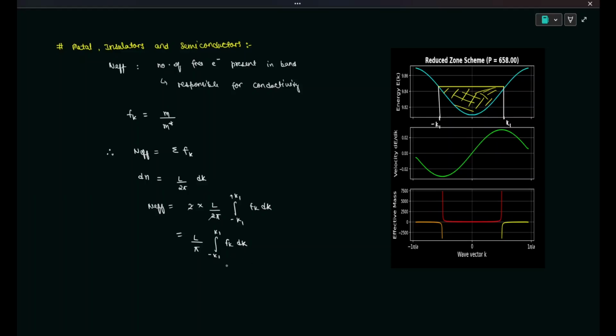And you can use the value of Fk, which was equal to m divided by h cut square d square E by dk square. So you can put this value here.